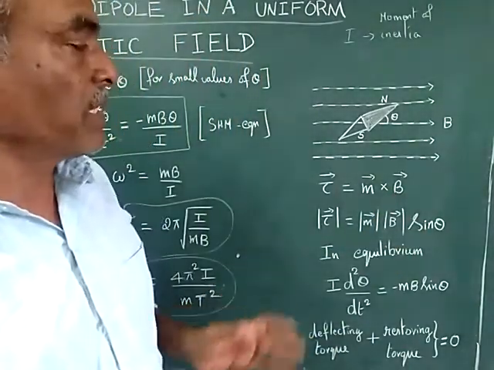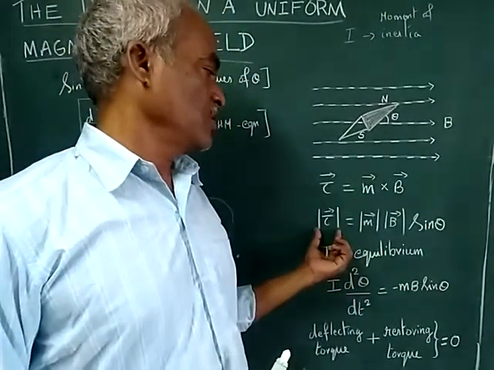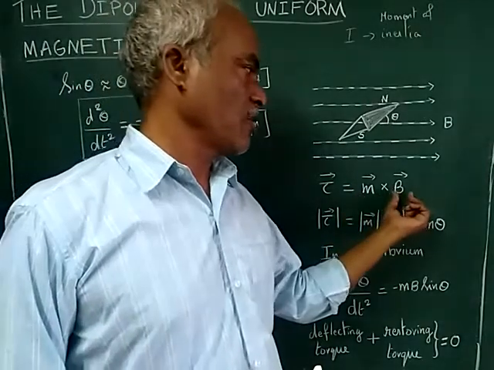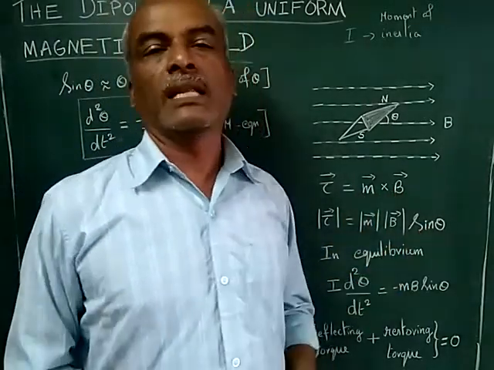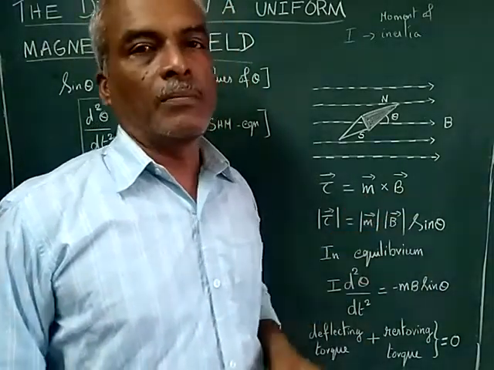If you are interested only in the magnitude, then the magnitude of torque is equal to magnitude of m, magnitude of B, and sin theta, where theta is the angle between the m vector and the B vector.